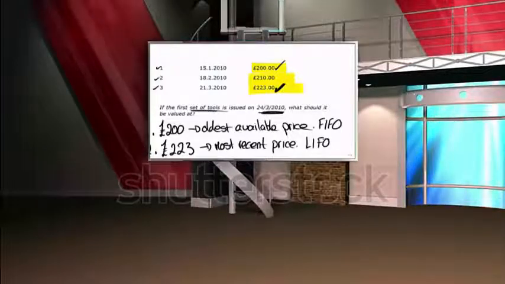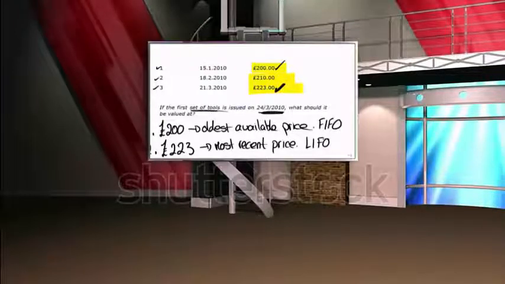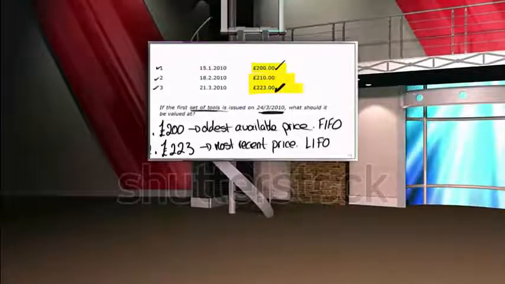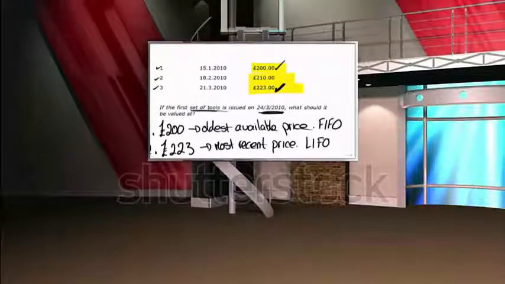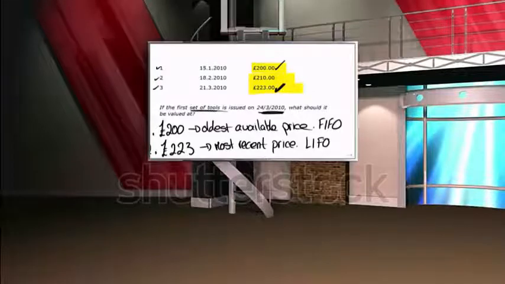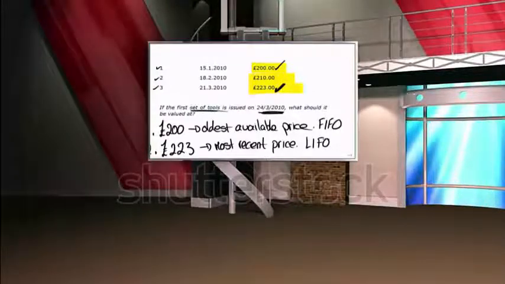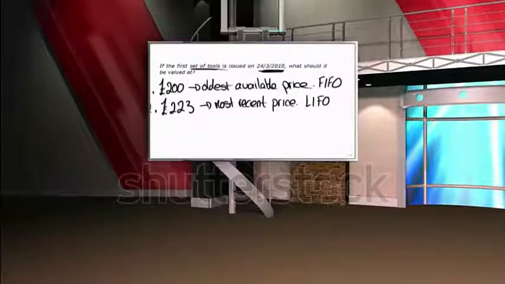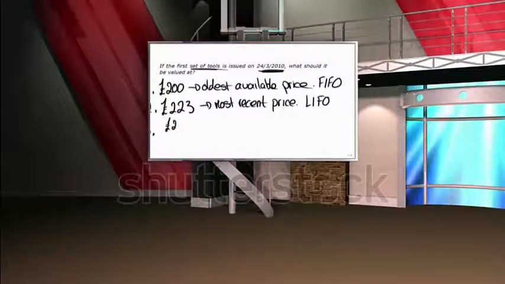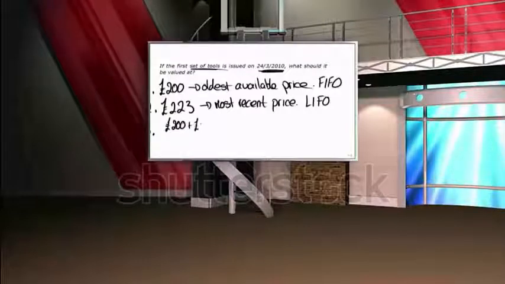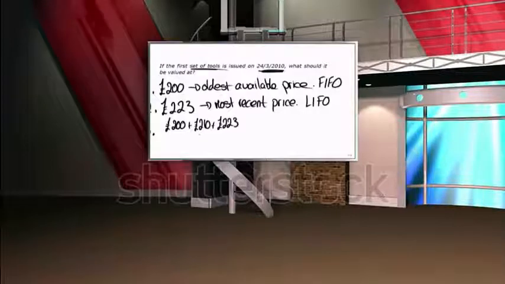Or you might think to yourself, well, if we've paid a different purchase price each month, surely the fairest or most appropriate way to value the issue is to find an average of all 3 prices. So option 3 then would be to take an average. So we have 200 plus 210 plus 223.